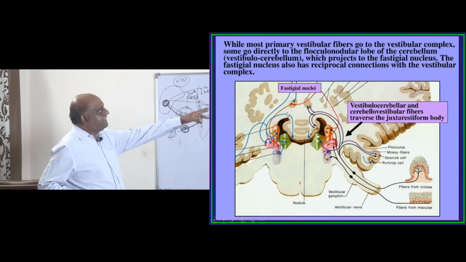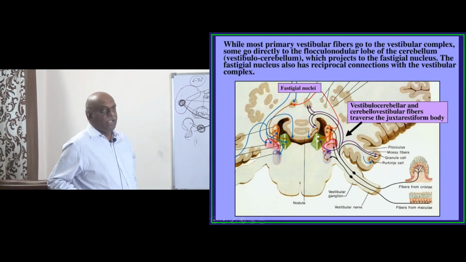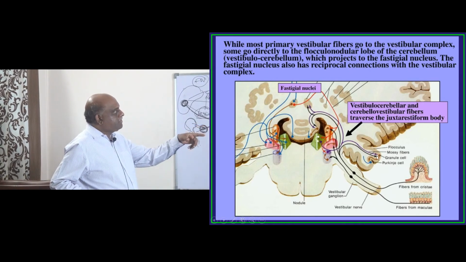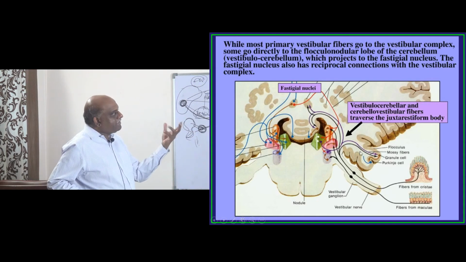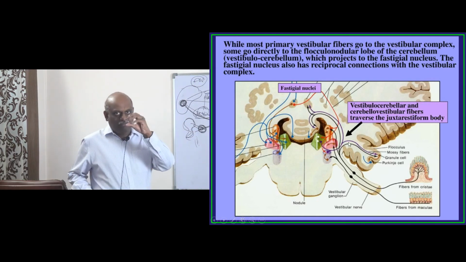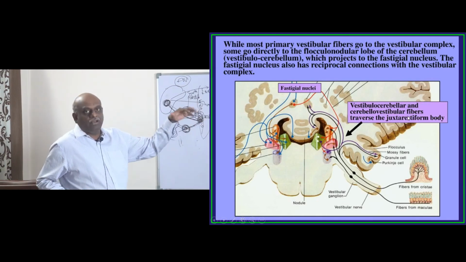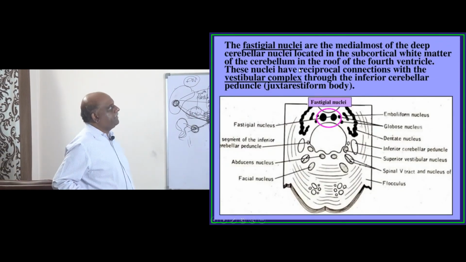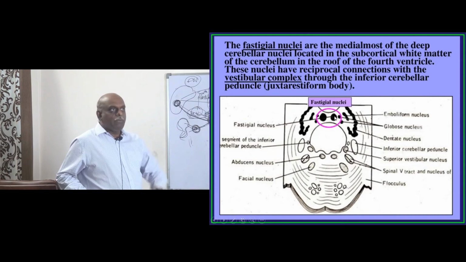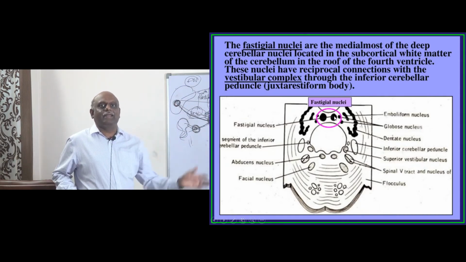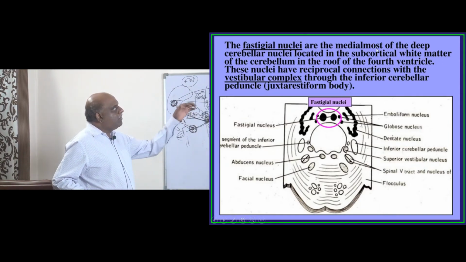Once more you can see there are fastigial nuclei, and you have the vestibulo-cerebellar and cerebello-vestibular fibers. All these fibers pass through a bundle called the juxta-restiform body. Among the various deep nuclei in the cerebellum, the fastigial nuclei are the most medial.